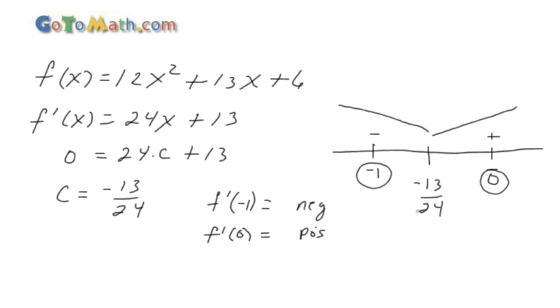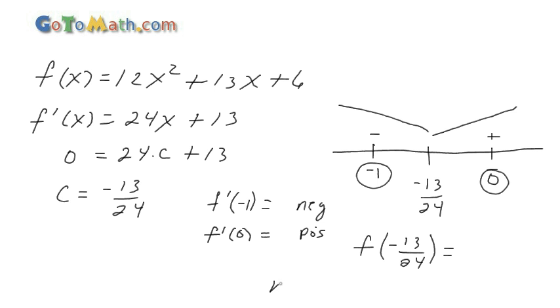Alright, now to actually find that minimum, you would do f of negative 13 over 24 and plug that into this guy up here. I'll let you go ahead and do that, but plug that negative 13 over 24 into this, and that will be your y value, right?